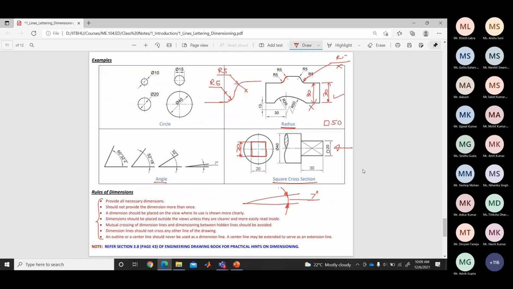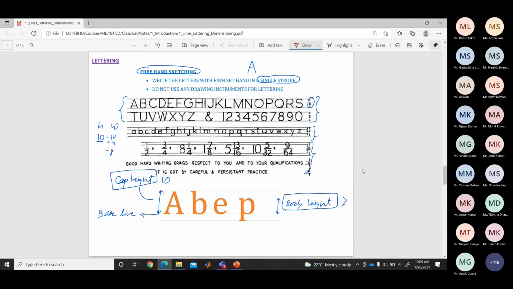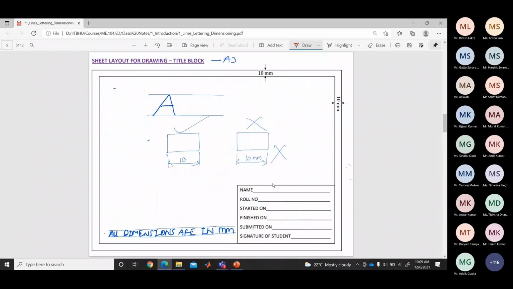Now let us go back to the drawing sheet. On the drawing sheet, you mention the scale somewhere over here. Suppose you are using a scale other than full size scale, then you can mention, let's say, 1:5, in case of reduced scale.